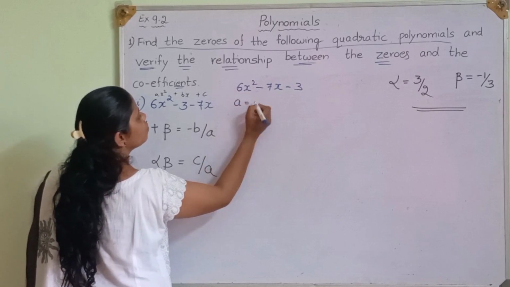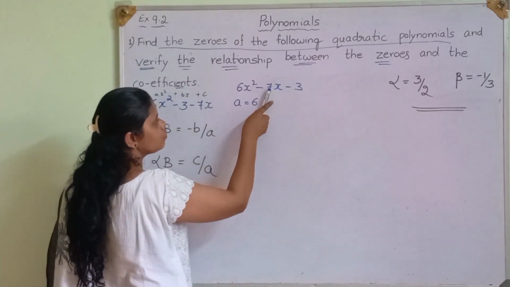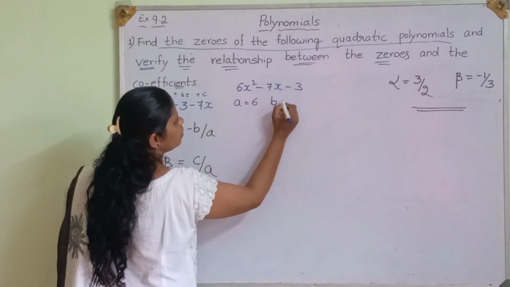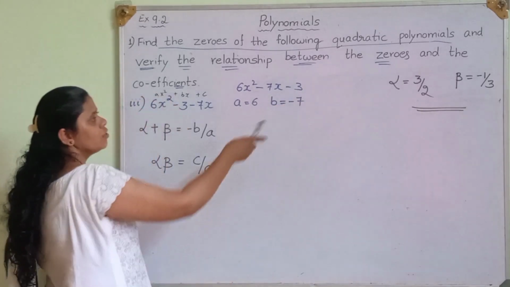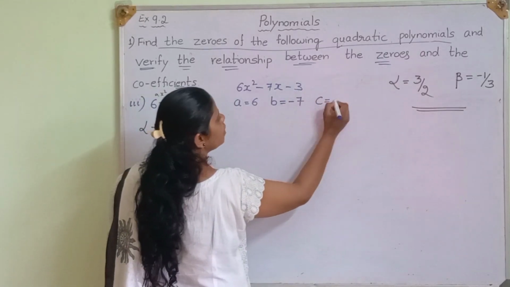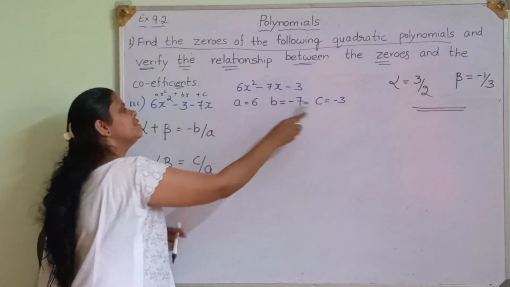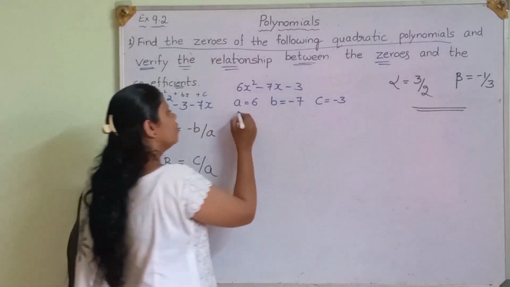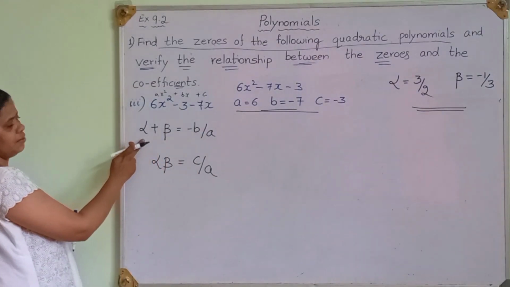Therefore, a is equal to 6. The coefficient of x is what? Minus 7. Therefore, b is minus 7. Constant is minus 3. Now we know the values of a, b, c. Now, let us verify the first equation.